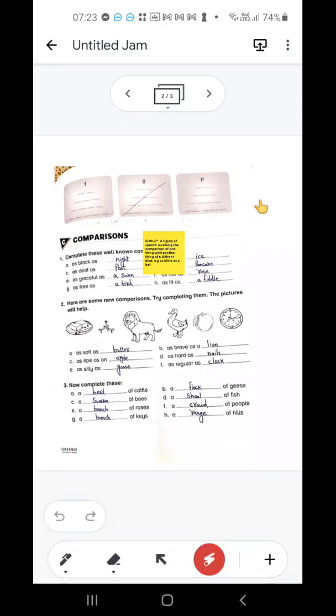Why am I asking you again and again to write it here? Use this place, so that whenever you open this page, you know what you are doing here. You should know the topic name as well.